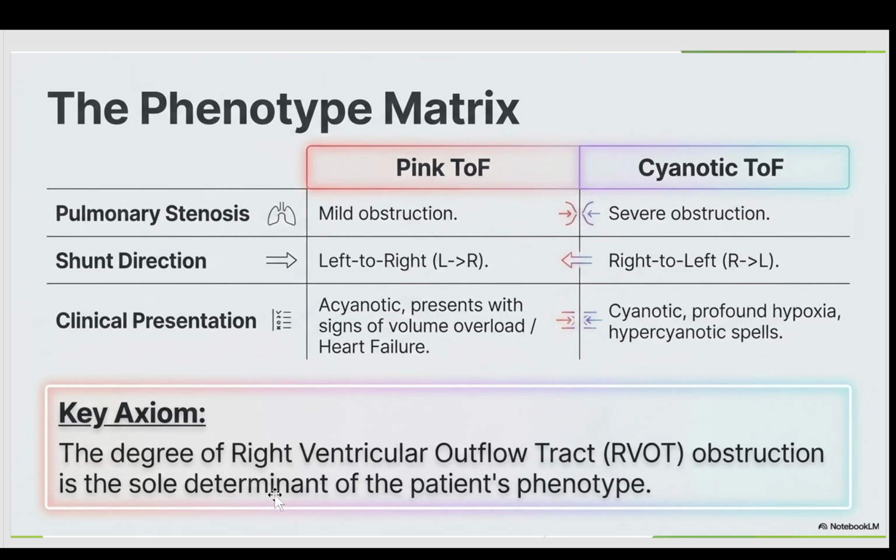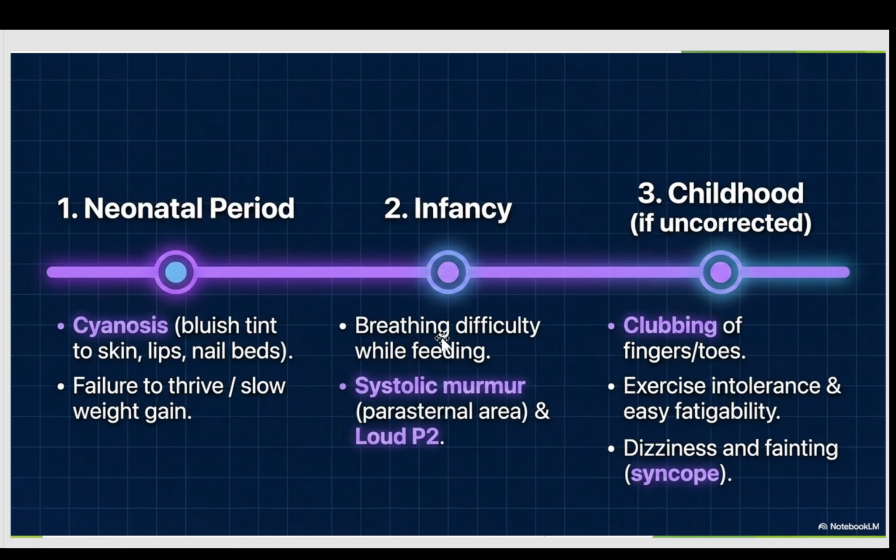The symptoms usually start in infancy in TOF, when the child has grown to a certain size. There may be some breathing difficulty because of hypoxia. On examination, you will hear a systolic murmur in the parasternal area and a loud P2. In the neonatal period, the cyanotic element is not there.